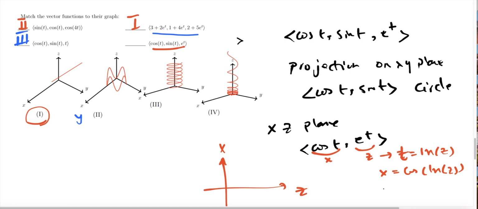Basically, in the very beginning, as z moves between 0 and 1, I'm sorry, not quite 0 because you can't plug in 0 in the natural log.